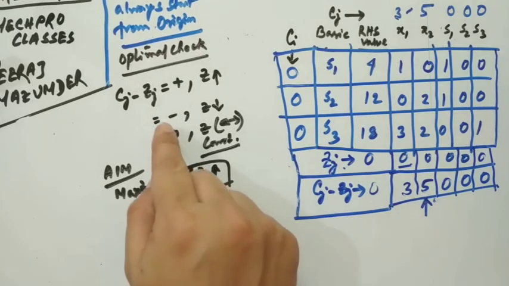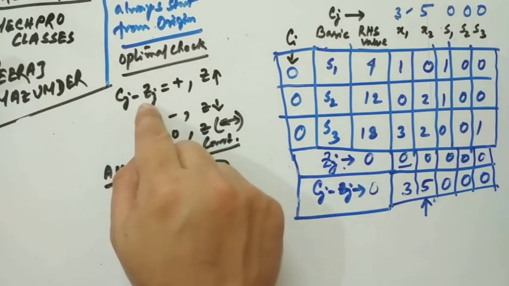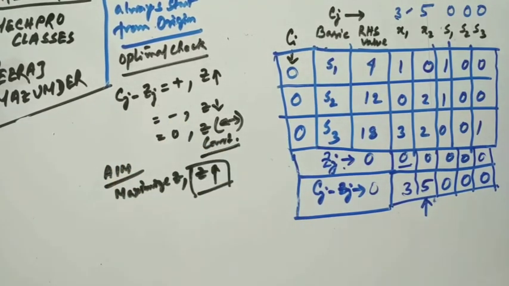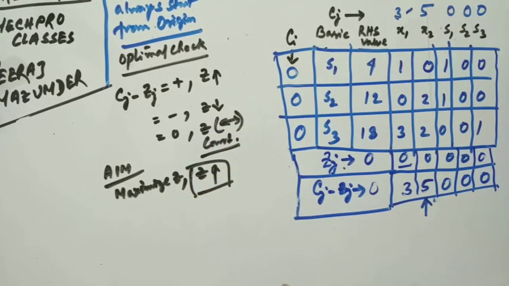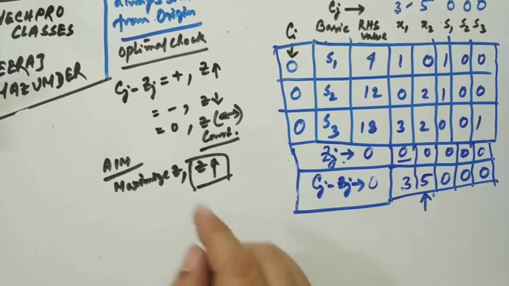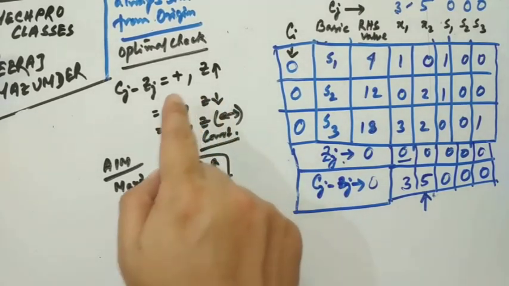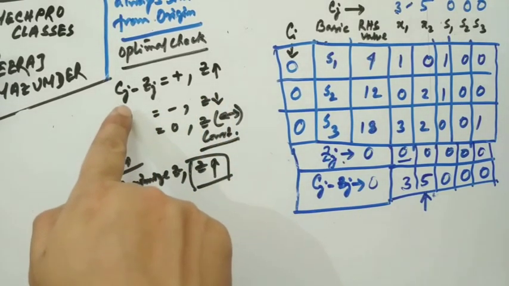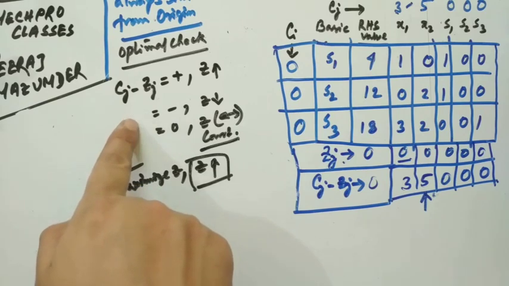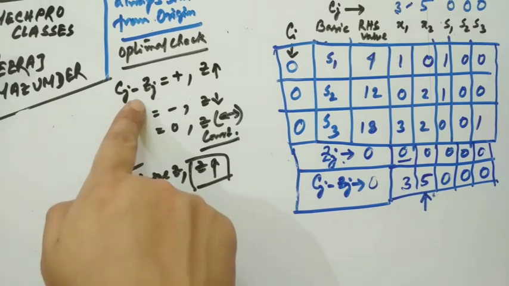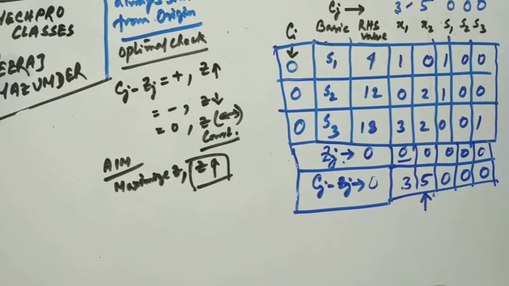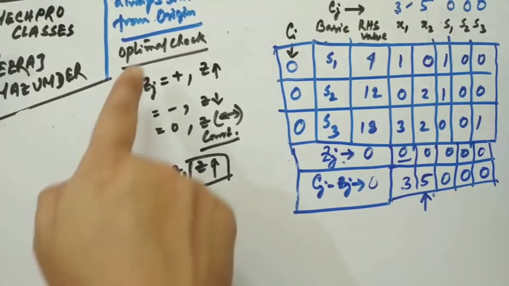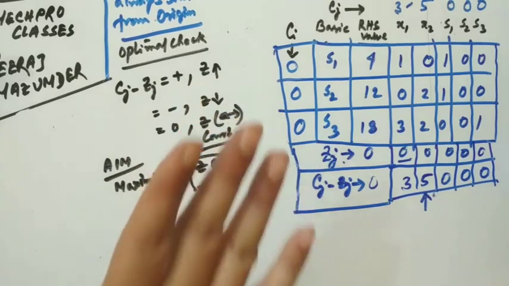After receiving the Cj minus Zj value as negative, we will stop there, because it will be the most optimal solution. So keep in mind, when we reach the Cj minus Zj value as negative, we have to stop the iteration there only. This is a very important optimal check. You have to keep this in mind always.